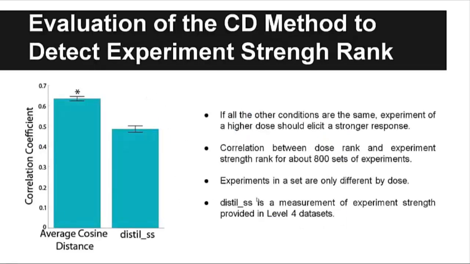So we benchmarked the average cosine distance by evaluating the CD method's ability to detect experiment strength rank. The basic assumption is that if all the other conditions are the same, an experiment of a higher dose should elicit a stronger response.